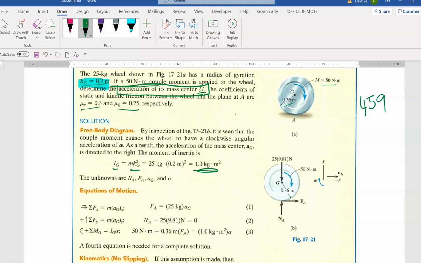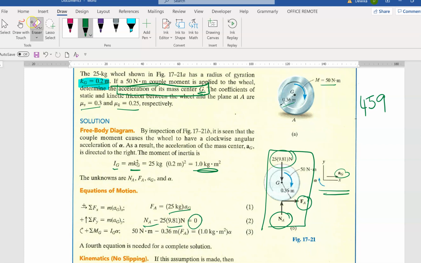This is your free body diagram and this is your motion diagram. From your free body diagram, in the x direction we only have one force here, which equals m a, because G has got a movement. And for the y direction we have two forces, equivalent to 0.